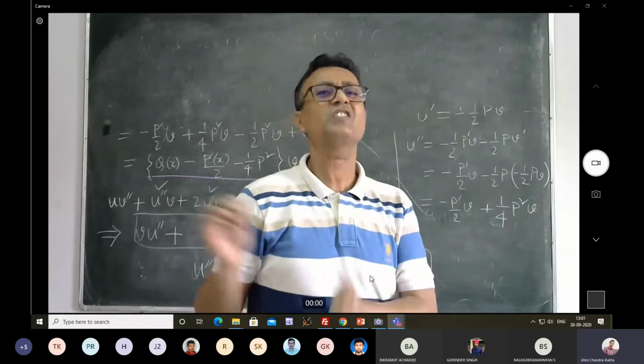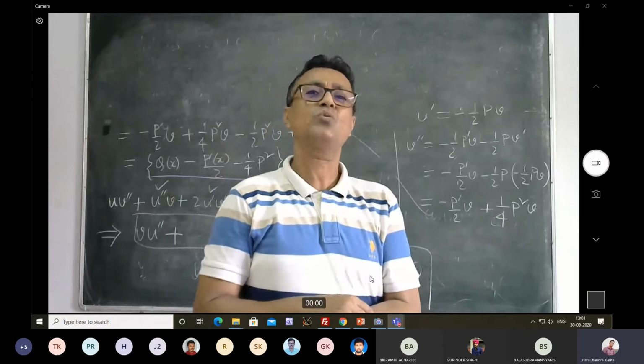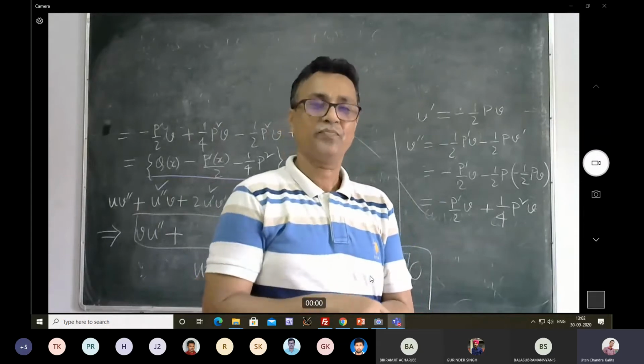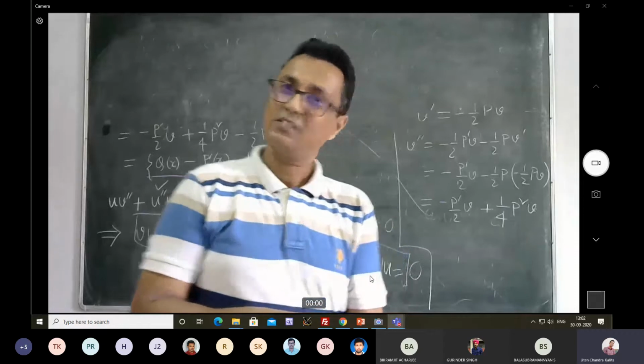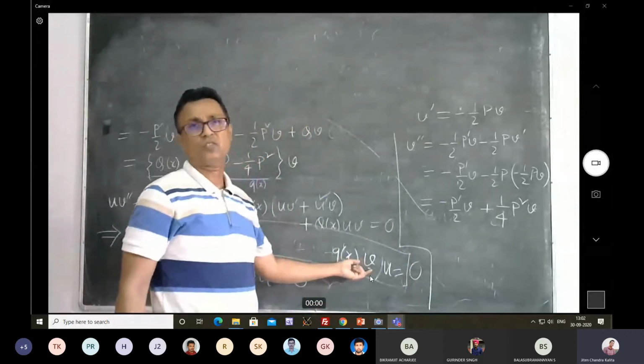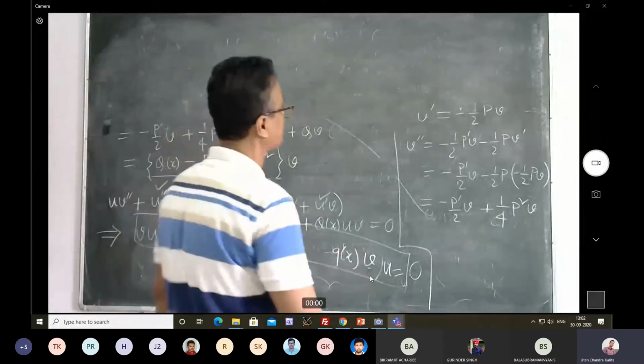We are not interested in the 0 solution. That is the first thing. I want the solution curve to cross the x-axis at least once somewhere. That is why I'm going to assume that v is not 0, because I'm not interested in the trivial solution.